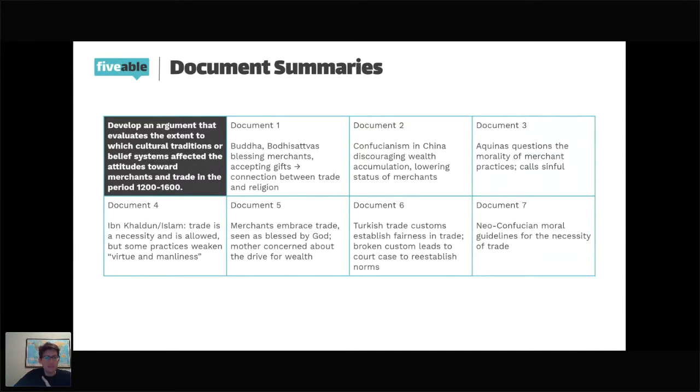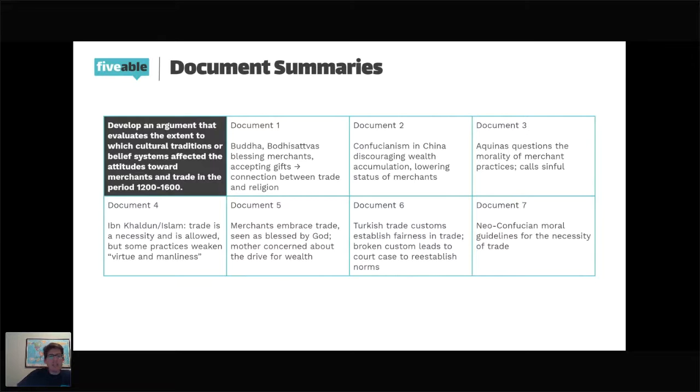But it is important to note, specifically knowing the history of Islam and the importance of trade in the Islamic world, that it is still permissible, as long as you give people the goods they pay for. But maybe it's a soft warning against it. So that might even be a middle ground between document 1 and documents 2 and 3.